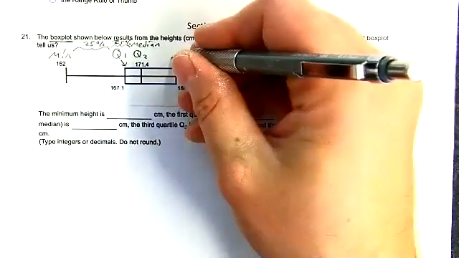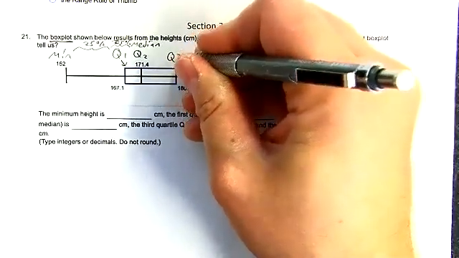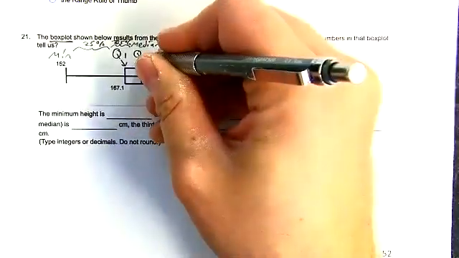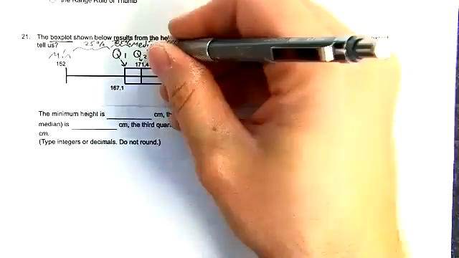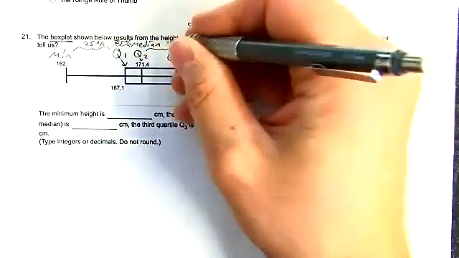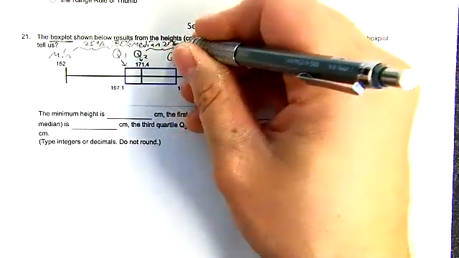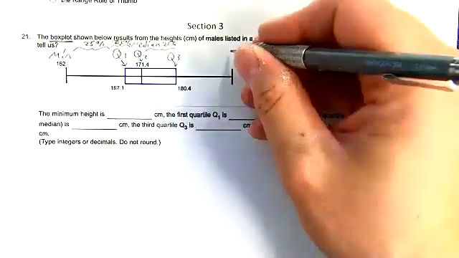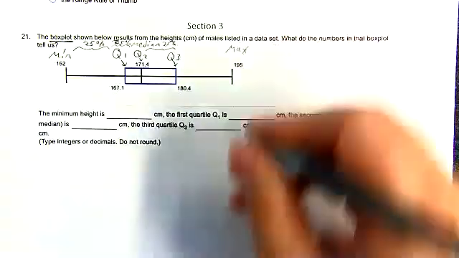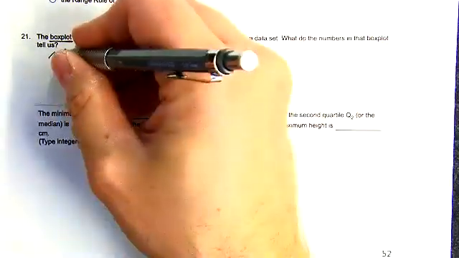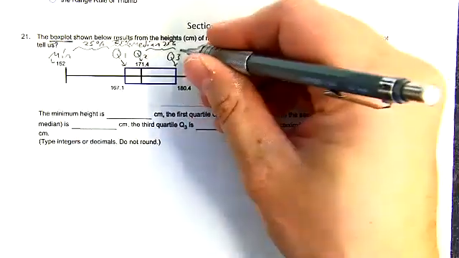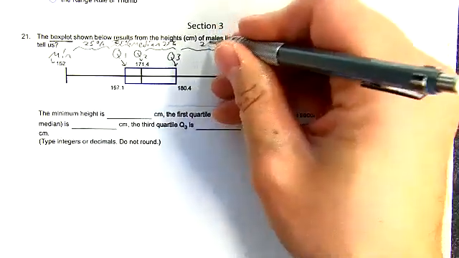Then we have Q3, would be this bar here. So again, another 25% between Q2 and Q3. And then we have the maximum value. And then that's the last 25%.